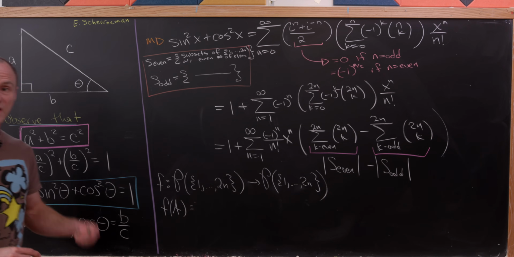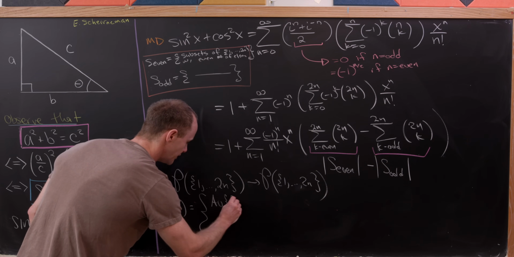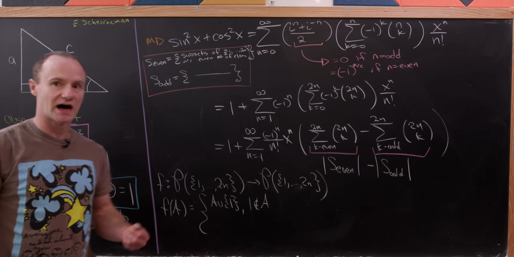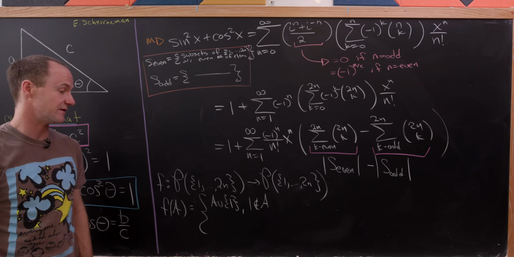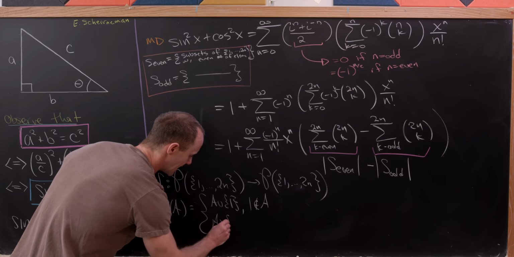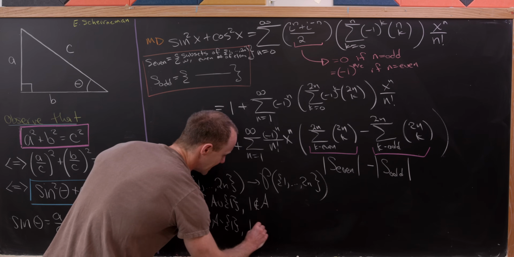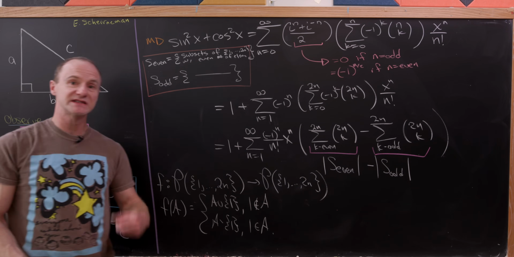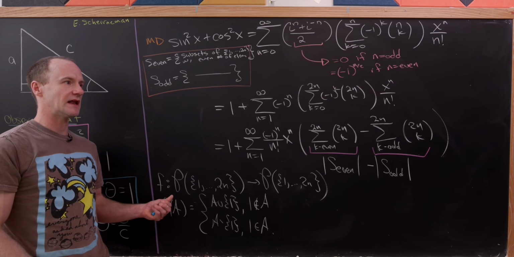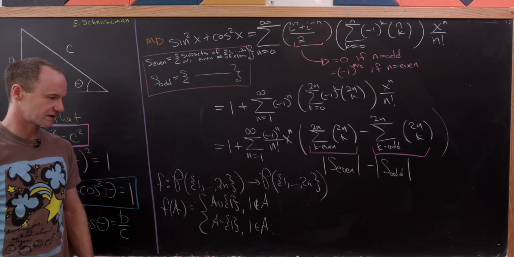So f evaluated at a subset A is going to be equal to A union 1 if 1 is not an element of A. So if 1 is not an element of A, it sticks it inside of A. And then it's going to be A set minus the singleton 1 if 1 is an element of A. So it puts 1 inside of the image, or it takes 1 out of the target, depending on if it's in or out.